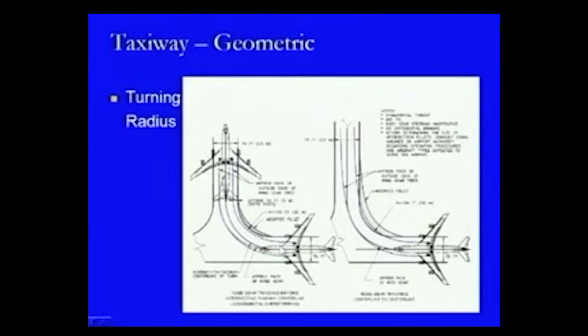So, what is happening here is that this nose gear tries to track beyond the intersecting taxiway center line. This is a judgmental approach of the pilot. The pilot is trying to move the nose of the aircraft along this pathway, the red pathway being shown here. This is on the basis of the judgment of the pilot.